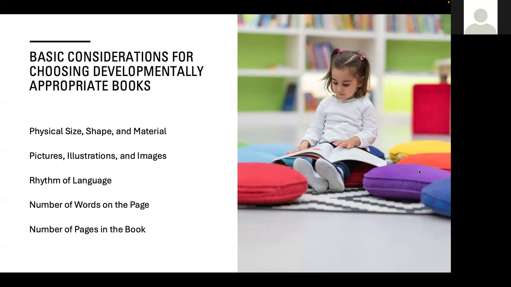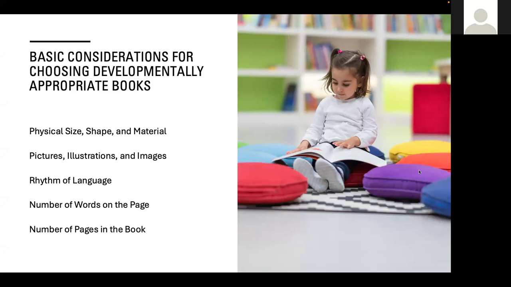So that's another key consideration for book selection. And then the rhythm of language: books that really play with language, rhyming books, anything that gets a child really engaged with the language and rhythm of language in a book is an important consideration.